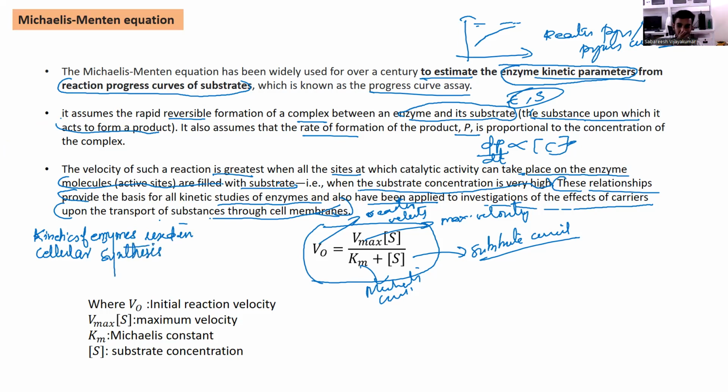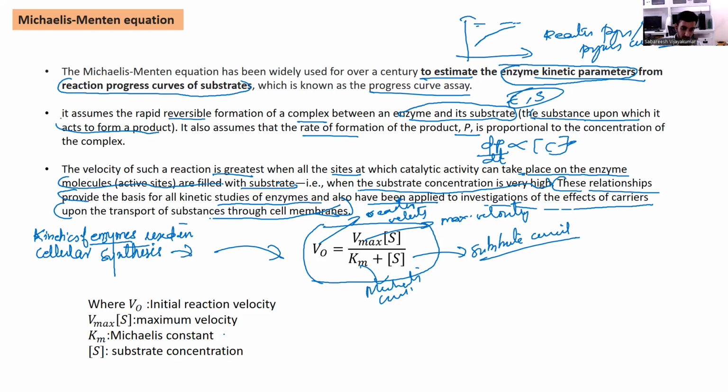There is cellular synthesis happening in every enzymatic reaction. The cellular synthesis will be determined with the presence of the enzymes, and that will be measured by using the reaction velocity using the Michaelis-Menten equation. Okay.